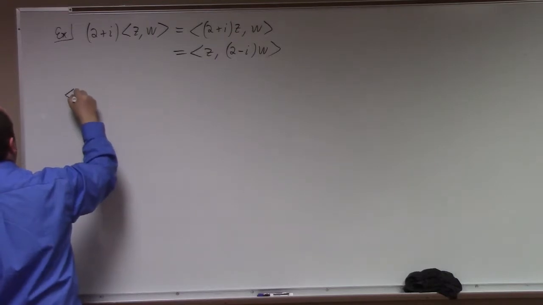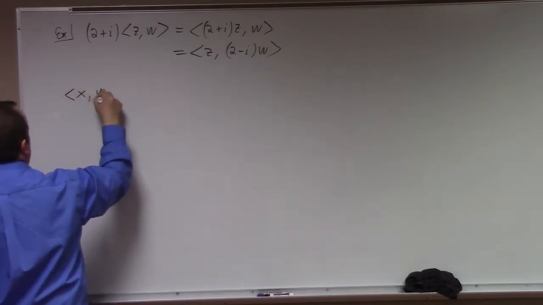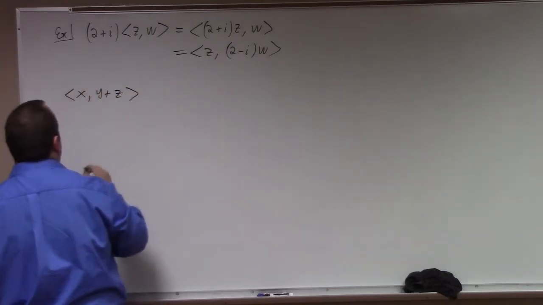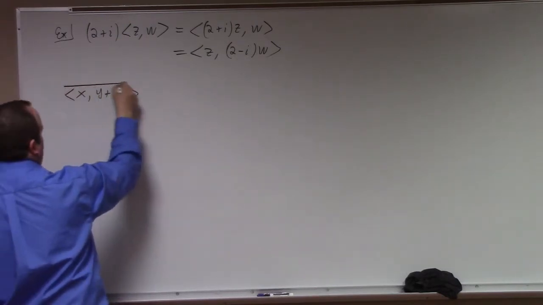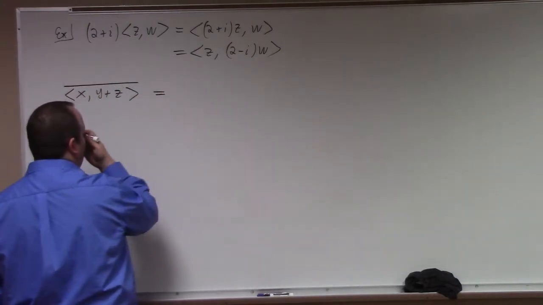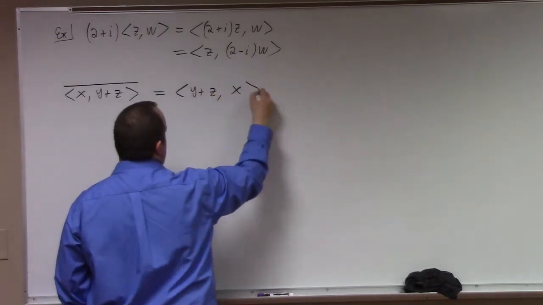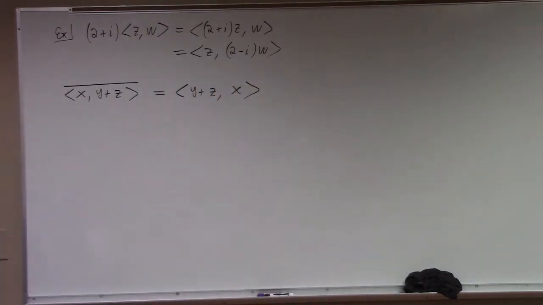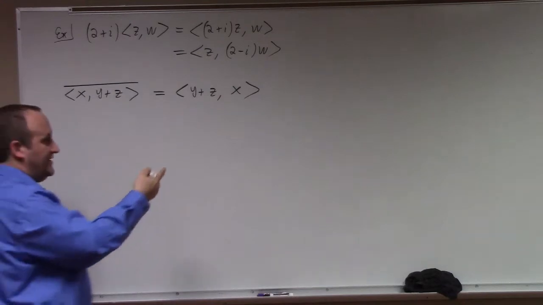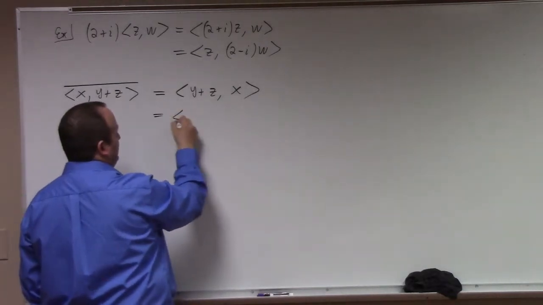Let's see here. So what we'll do is we'll look at x comma y plus z. We'll take the complex conjugate of that. What's that going to be? Right, by part C of the definition, we do that. But then we have additivity in the first slot, so this is what?